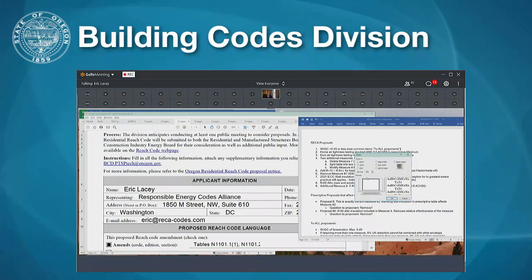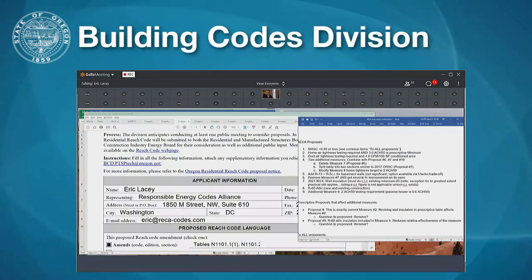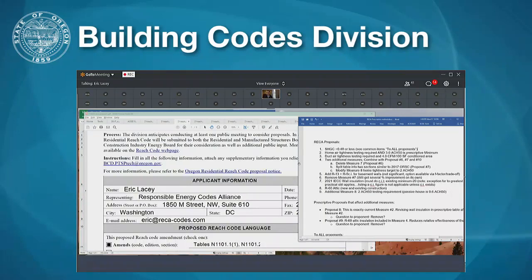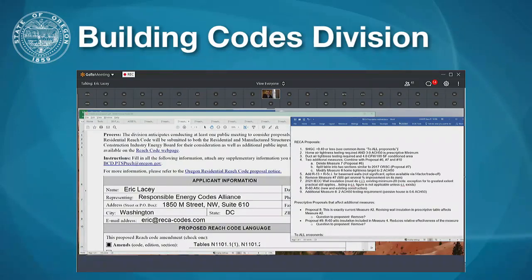First, I would just say that the NIA proposal and the Zero Coalition proposals are both very strong, very well documented. I think either one of them would be a great foundation for a REACH code. And so we support both of those proposals wholeheartedly.